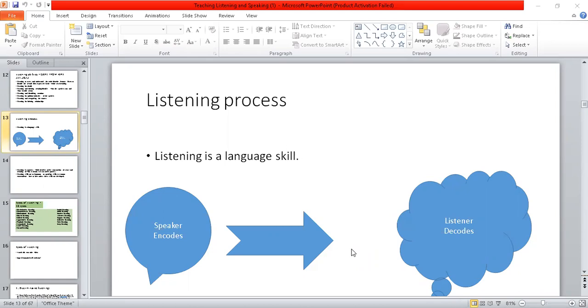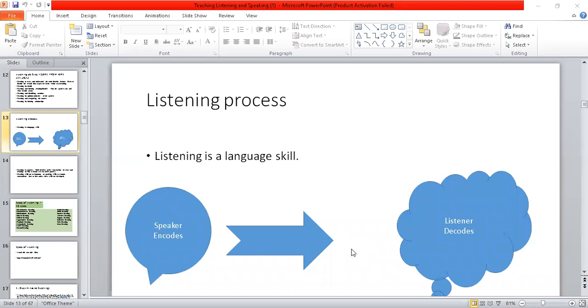Now here we can see two people. Who are they? Speaker and the listener. What happens with the speaker? Speaker encodes. What do you mean by speaker encodes? Message turned into signals. Listener decodes.